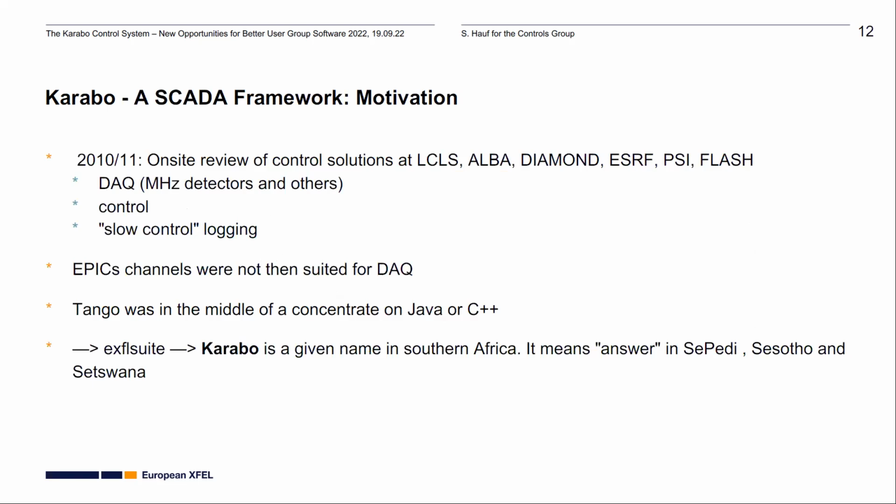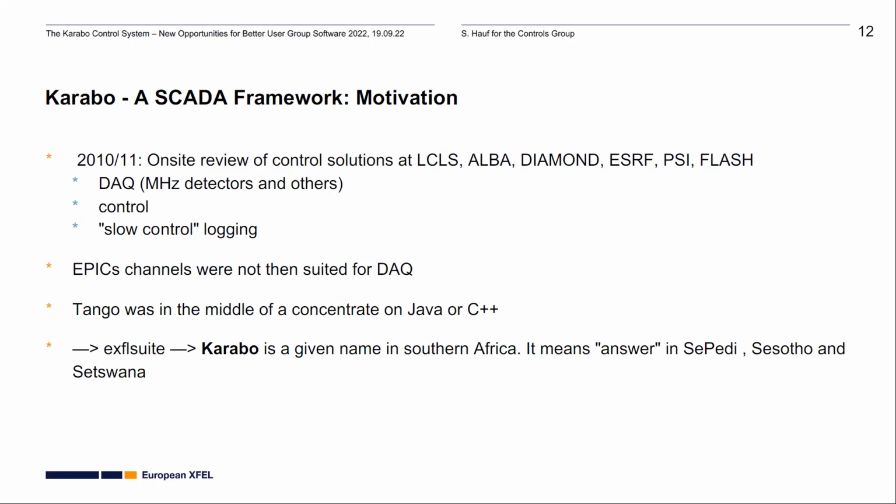Maybe start off with a bit of a motivation: why yet another control system? And a disclaimer here: this is a survey done in 2010, which even predates me a little bit, as I just had my 10 years anniversary at the facility. Back then, people studied which control solutions exist and if they were capable of handling megahertz data acquisition, control itself, and slow control logging.